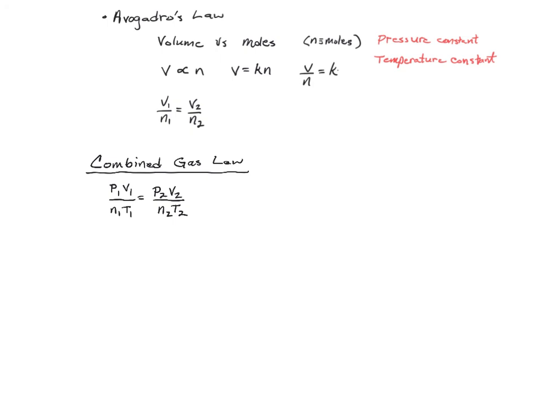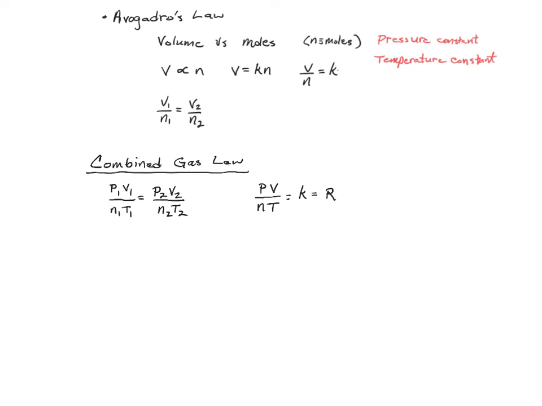And it's also important for us to recognize that this arises from the fact that we can say that pressure times volume divided by the number of moles times the temperature is a constant. Okay, and that constant that we're talking about here is given a special letter because it's used so often.